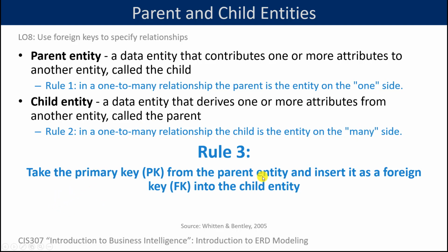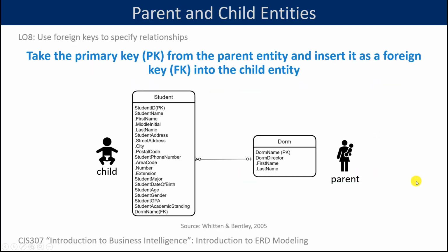And the rule for implementing this relationship is this: you take the primary key from the parent entity and insert it as a foreign key into the child entity. So here's an example. We have two entities. We already discussed this example: student and dorm. As you can see, this is the one side, this is the many side. An entity on the one side is the parent entity, so dorm is the parent entity, and the entity on the many side is the student entity, so this is your child entity.